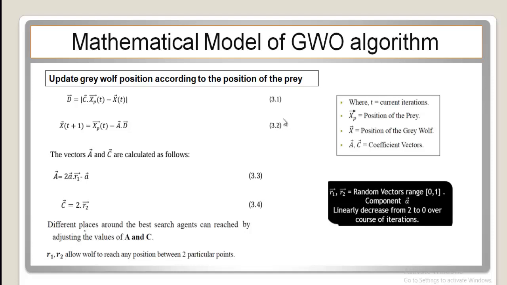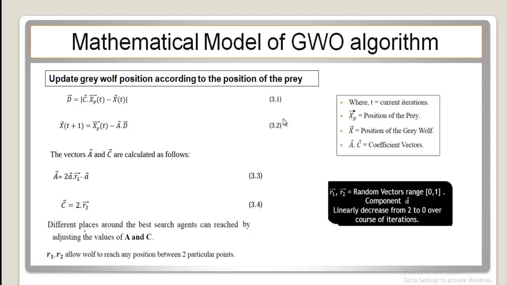The coefficient vector A, in equation 3.3: the vector A is calculated here by multiplying the random vector R1 element-wise with 2a and then subtracting that from a. The random vector R1 comprises components randomly sampled from a distribution between 0 and 1.